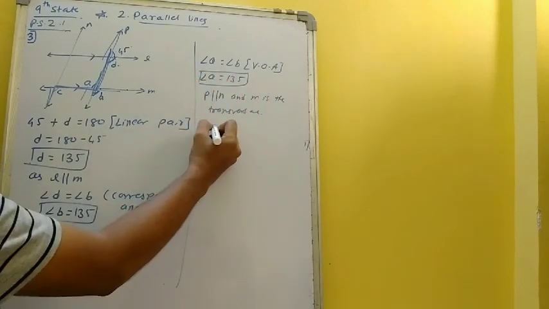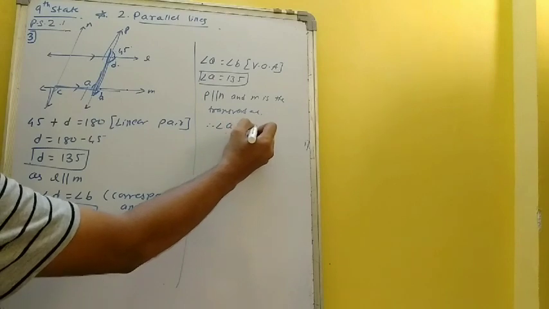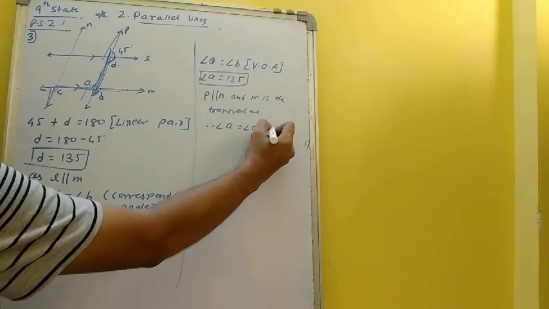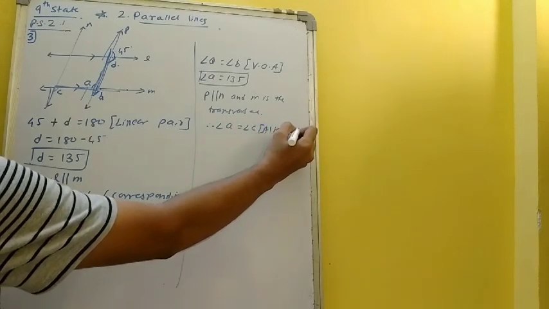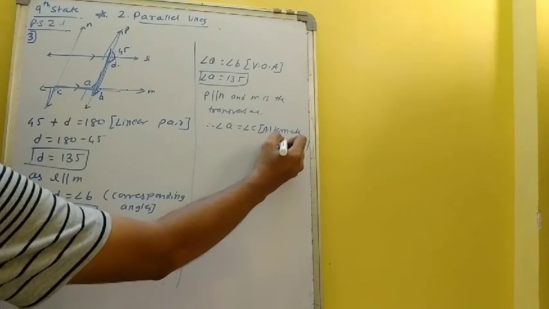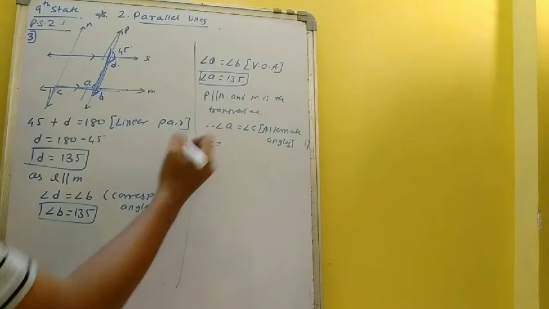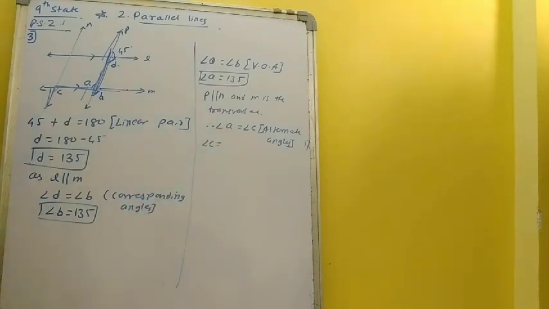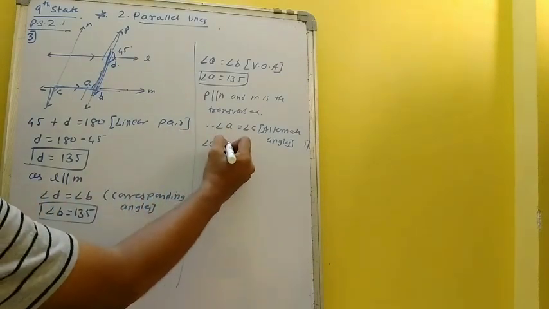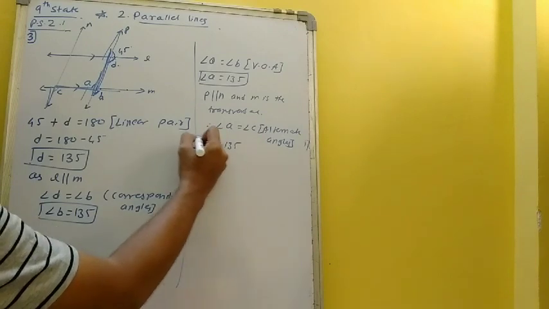Therefore, angle A is equal to angle C. Alternate angles. Therefore, angle C is equal to 135. So all the angles are 135.